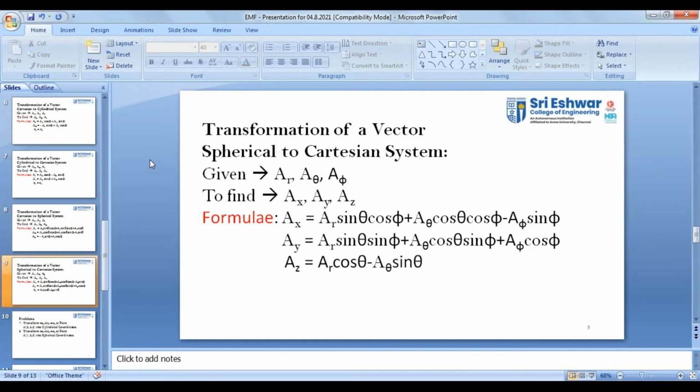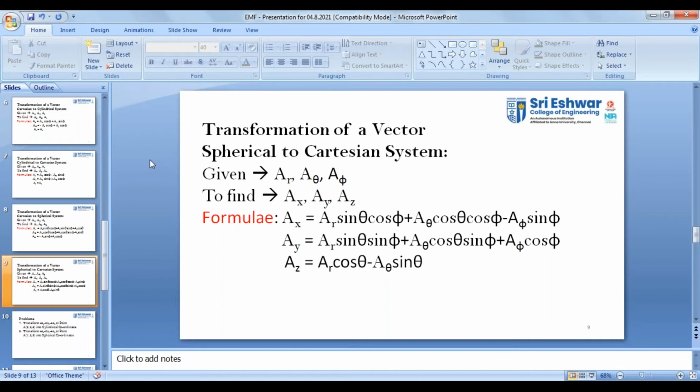Spherical to Cartesian. That means Ar, A theta, A phi are given to us. We have to find Ax, Ay, Az. These are the formulae. Ax is equal to Ar sin theta cos phi. Theta and phi, you must put carefully. You should know the formula correctly. If you swap theta and phi, the answer may go wrong. Right?